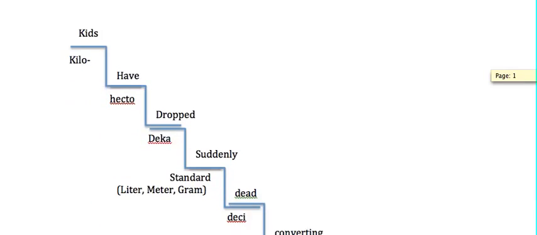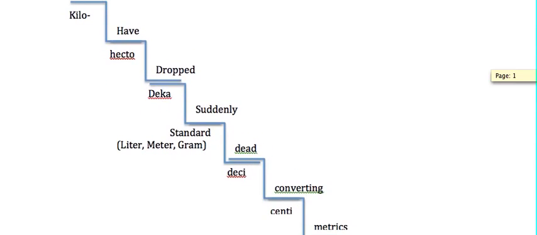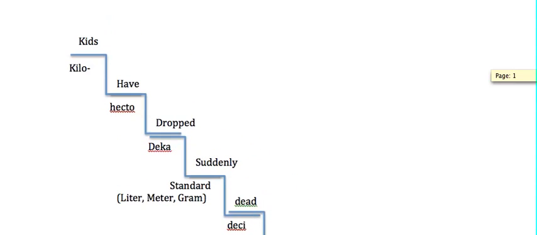So the first thing we're going to look at is a simple way, a mnemonic device, to remember the different metric prefixes. I'm just going to scroll down here and show you one of the things that we use in my class.